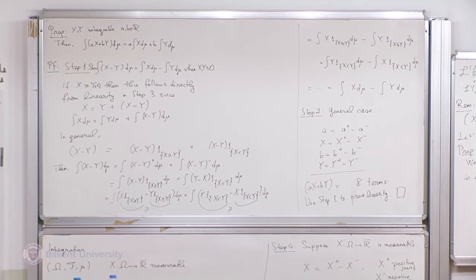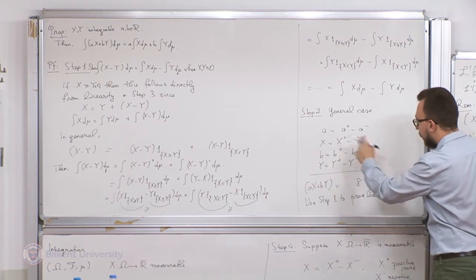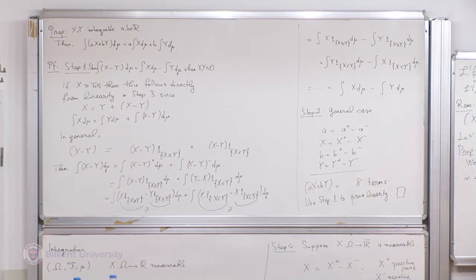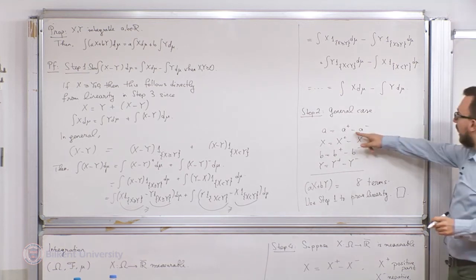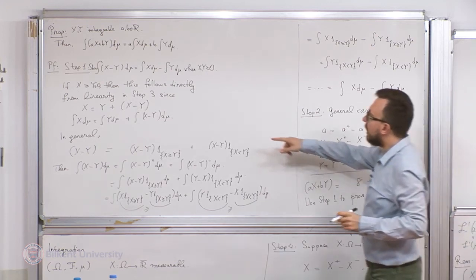You're going to get 8 integrals, so I don't want to write them down one by one. But the idea is to reduce everything to the positive case by looking at the positive and negative parts of a, x, b, and y. You just need to deal with this minus sign. That's why we needed step 1.